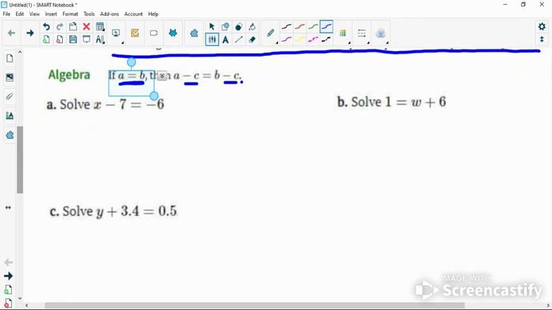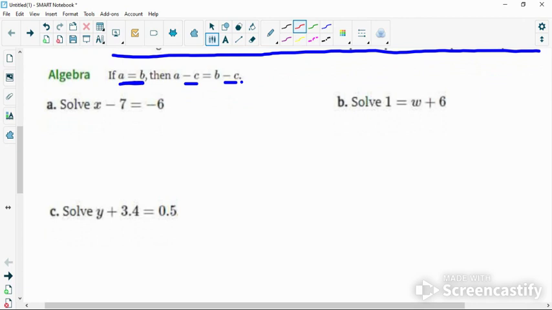This says x minus 7, and we want to undo the minus 7. We have to use addition or subtraction. Whenever it is something being added or subtracted from the x, we're using addition or subtraction.